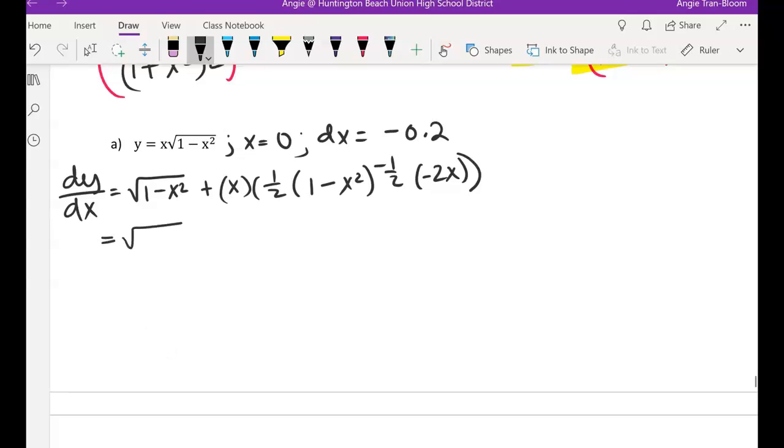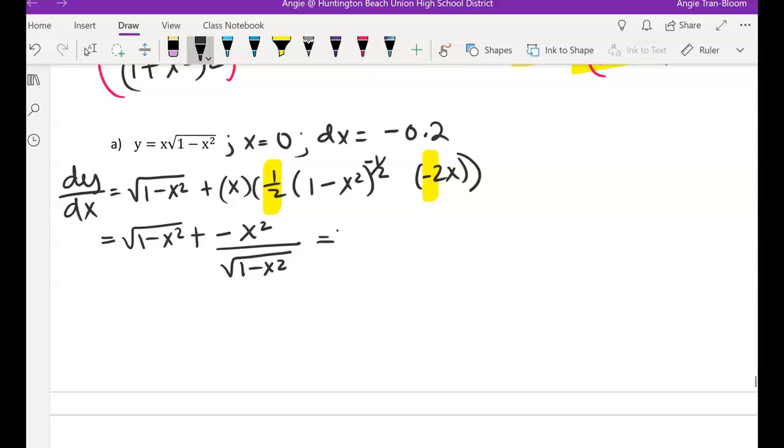From there, this becomes the square root of 1 minus x squared plus this, and that guy becomes a negative 1. Let me fix this. This looks like a negative half, but it's supposed to be a negative 1/2 as an exponent. So that's going to be negative x squared in the front, and then I'm going to write this as a square root of 1 minus x squared, like that.